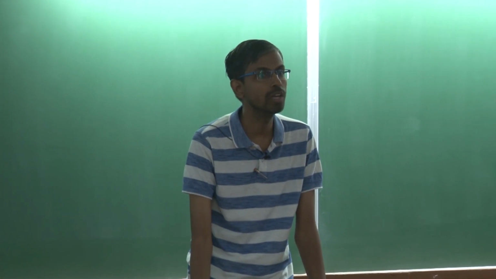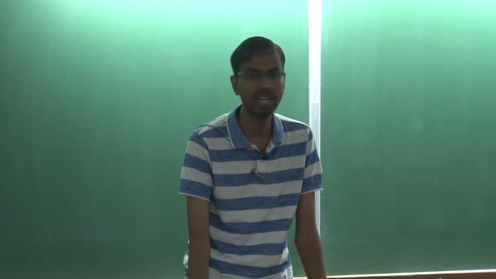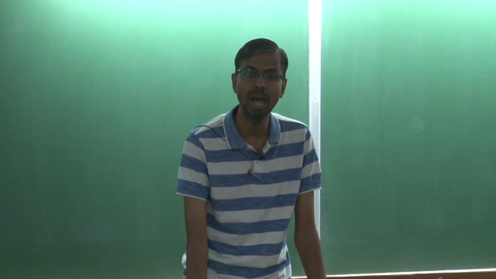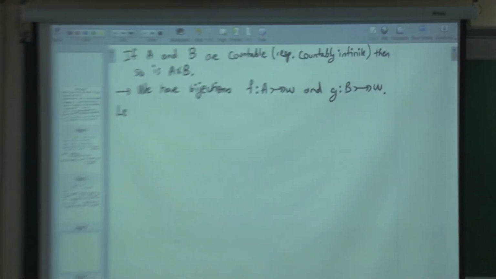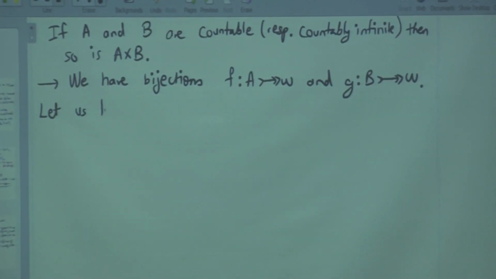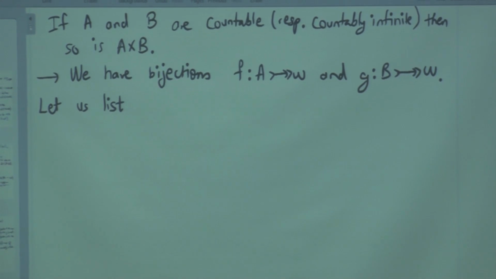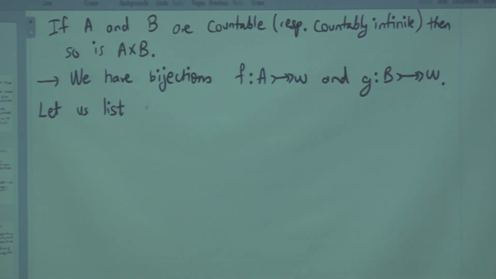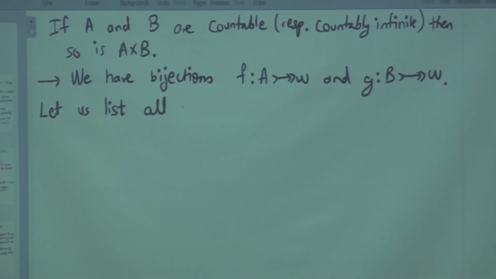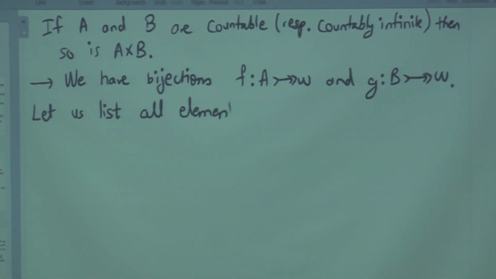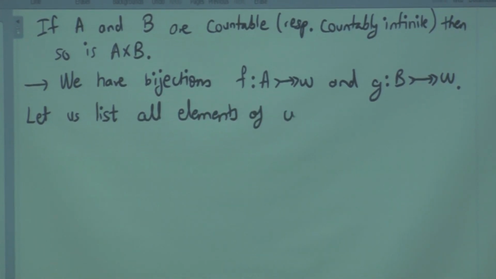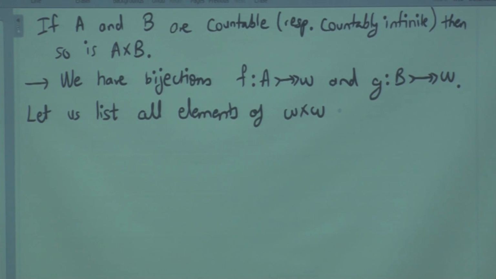And I am not going to give you a formal proof or anything. You can convert this diagram into a sequence. So let us list all elements of omega cross omega as follows.